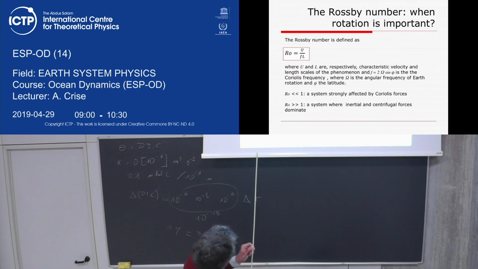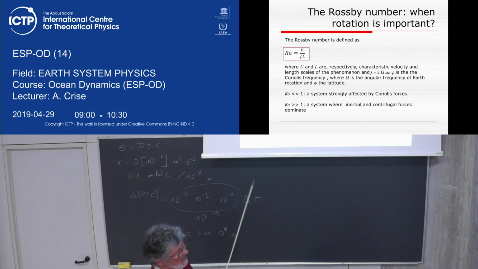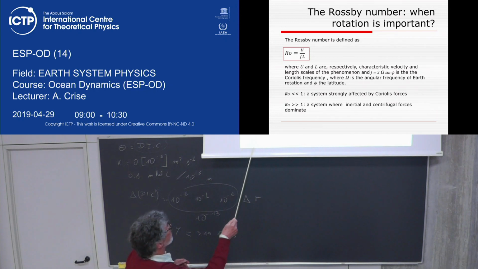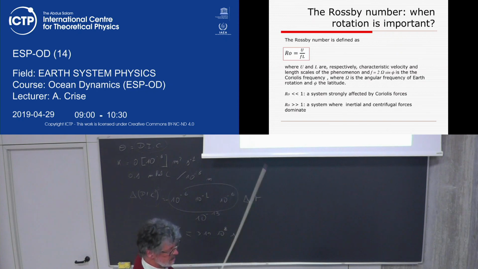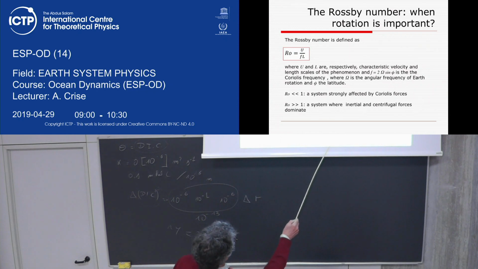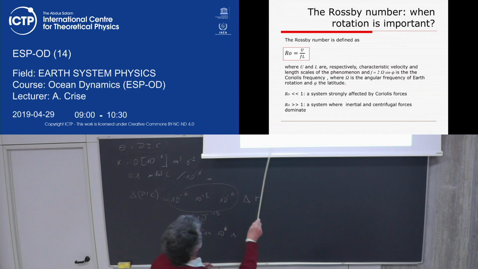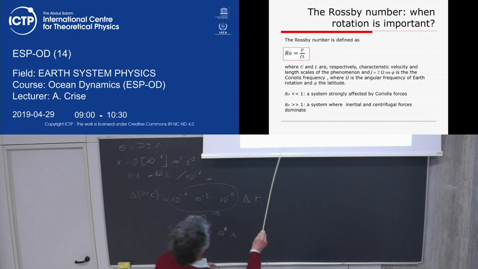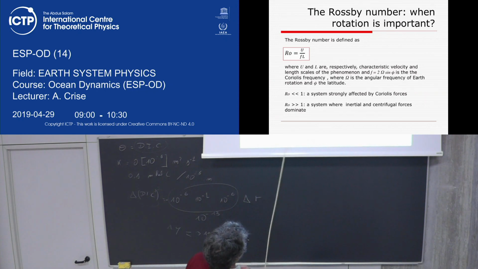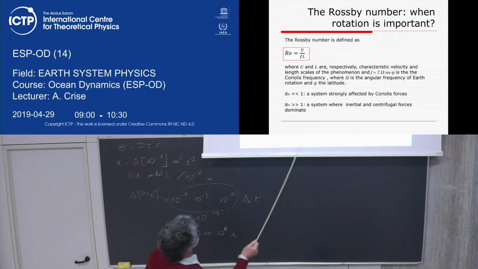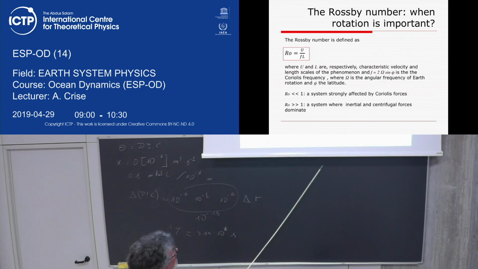It's not a constant, it's something that changes according to the scale of the process you consider and the velocity associated. So, U is the characteristic velocity, and L is the characteristic length scale of the phenomena, and f is obviously the Coriolis frequency.